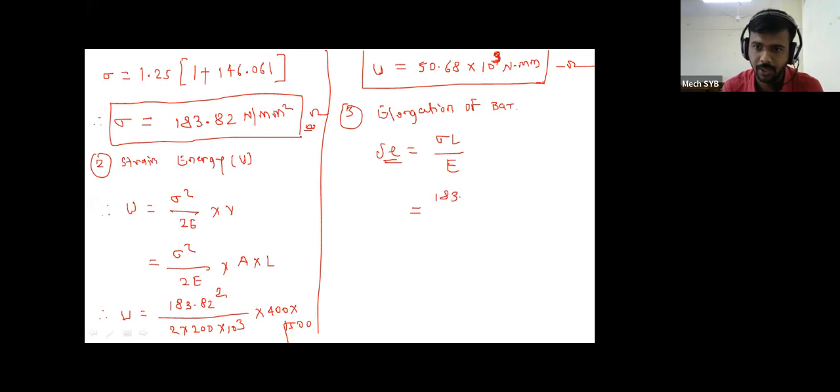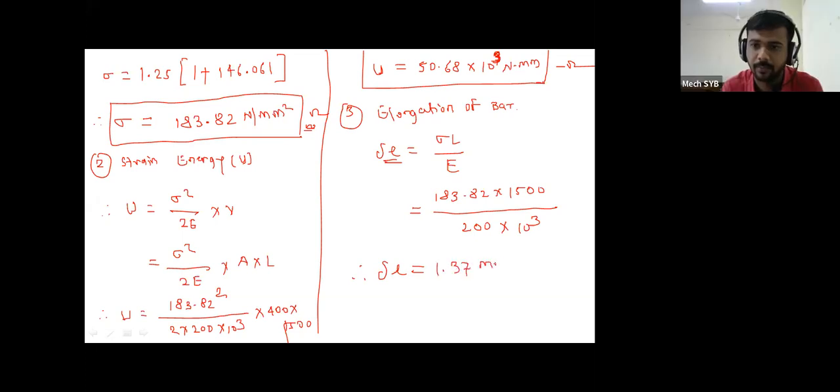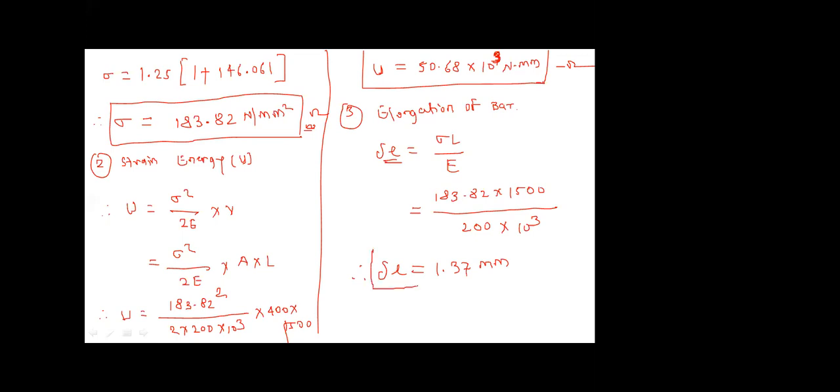So 183.82 into length 1500 divided by E, 200 into 10 raised to 3. Therefore, what is the deformation? 1.37 mm. So this is the elongation of the bar.